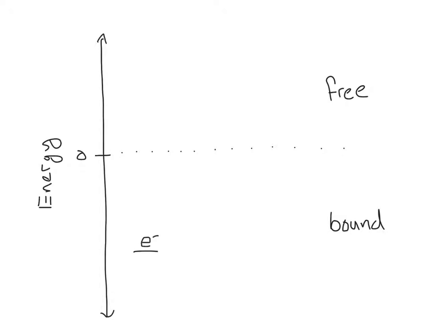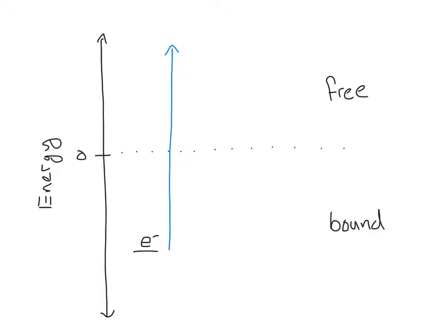When the photon is incident on the surface, the energy of that photon will be transferred to one of these electrons. If that photon has enough energy to push the electron from the bound state into the free state, then that photon can eject the electron from the surface.